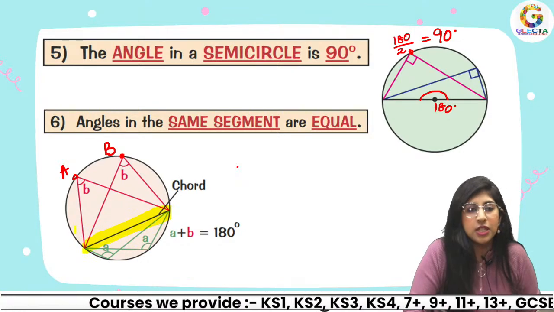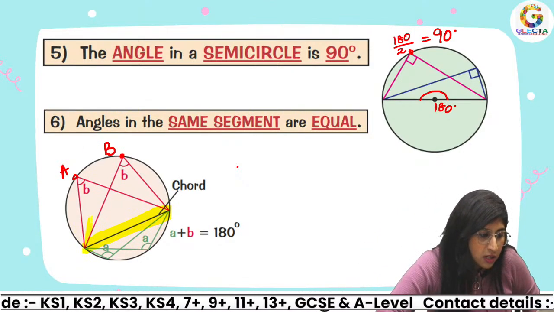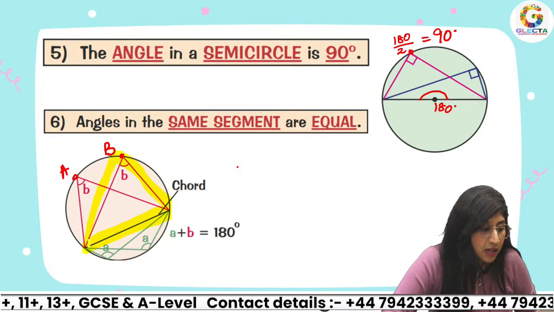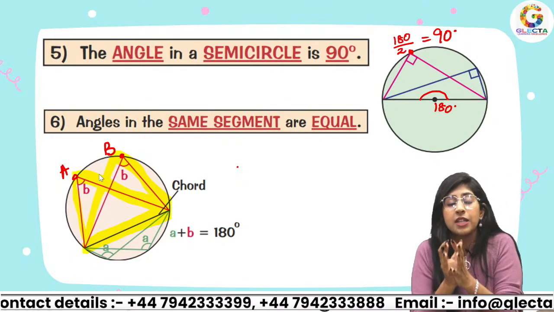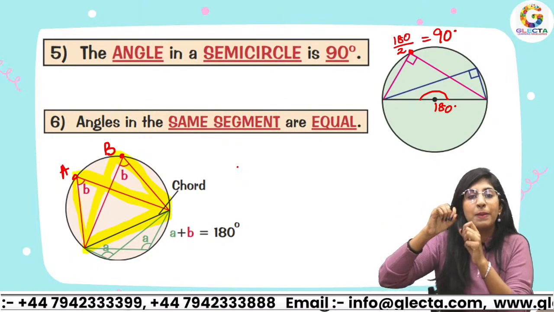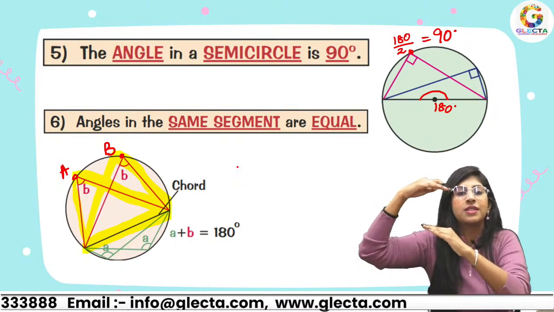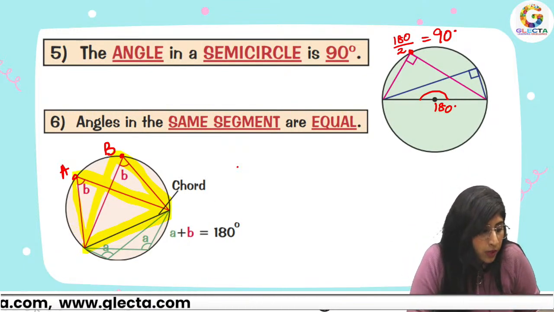This chord subtends an angle. It makes an angle at point B and it makes an angle at point A. So that's what we are saying: the angles made on the circumference by the same chord will always be equal.